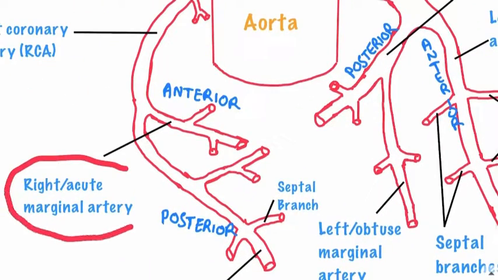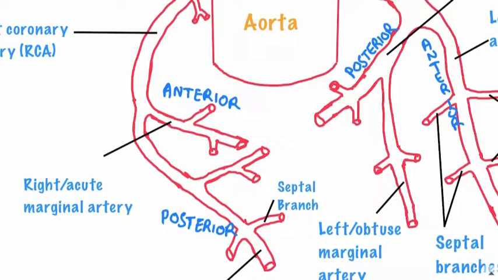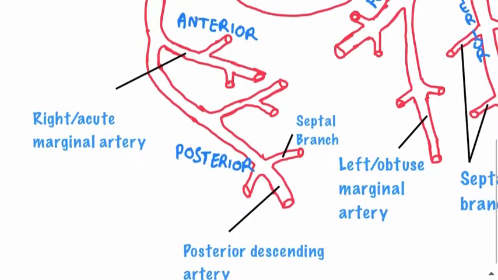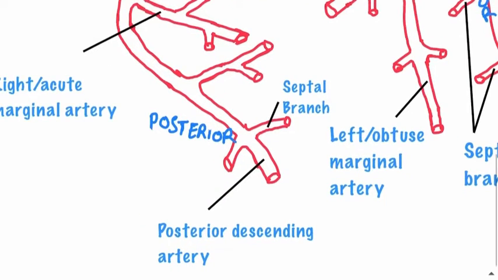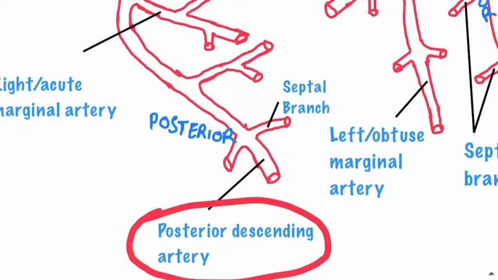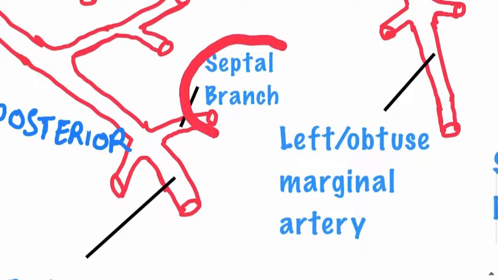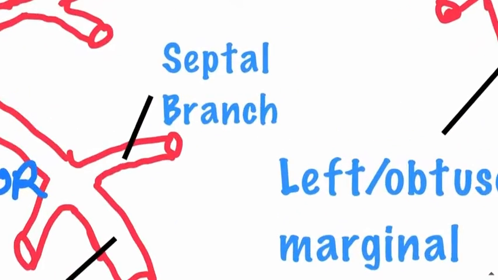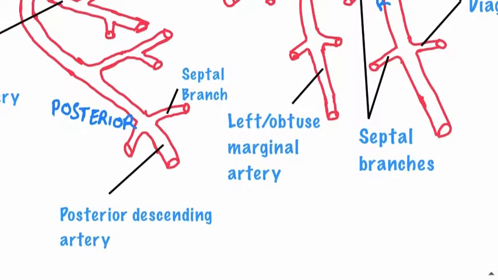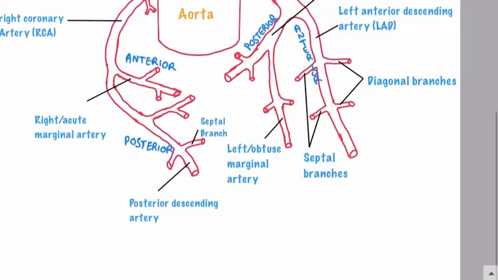It also gives rise to the right or acute marginal artery anteriorly. The right coronary artery then runs posteriorly and gives rise to the posterior descending artery in 85% of individuals. The posterior descending artery gives off septal branches which supply the interventricular septum of the heart.